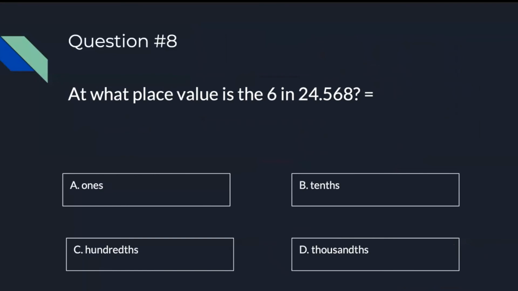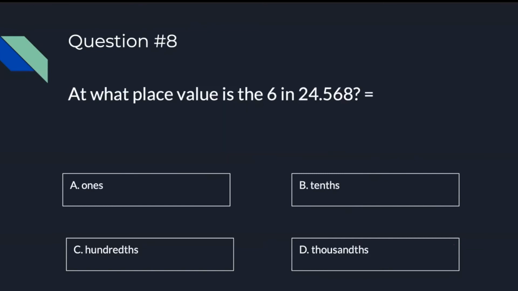So at what place value is the 6 in 24.568? So this one's a bit tricky. I only went over this briefly. So let's see who remembers, right? So what place value is the 6?